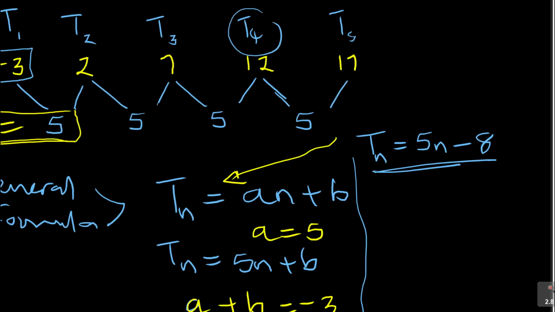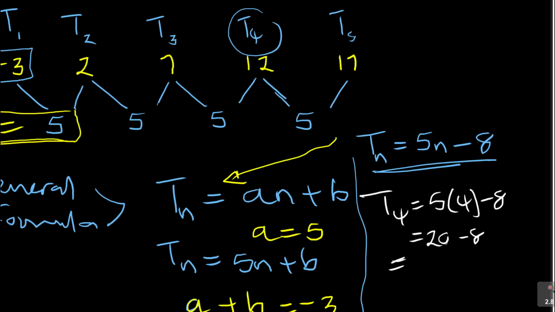Let me try T4. It must give us 12. That is 5 times 4 minus 8, which is 20 minus 8, and that is 12. Then you know this is correct. That's the simplest way you can go about it, the formula.